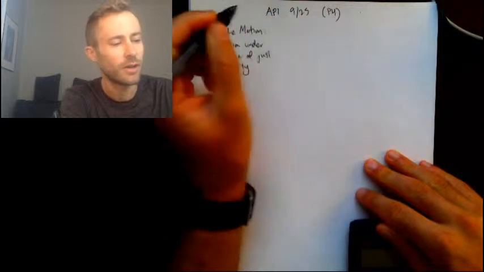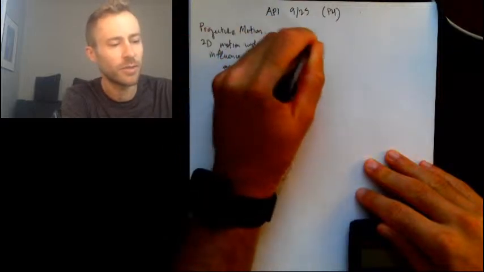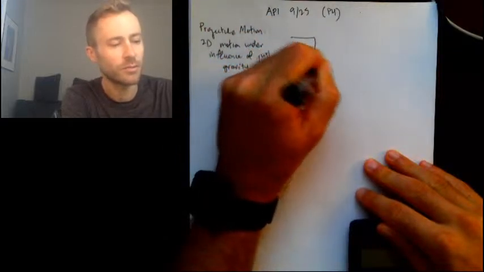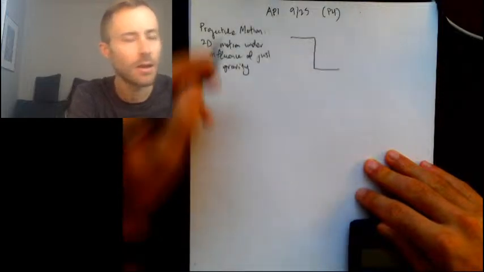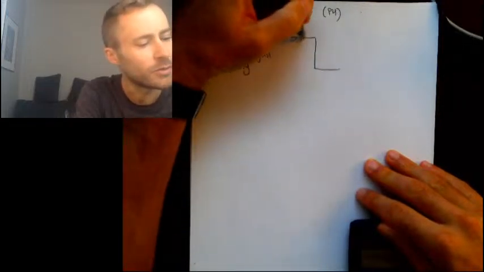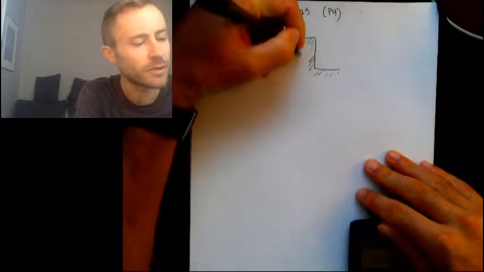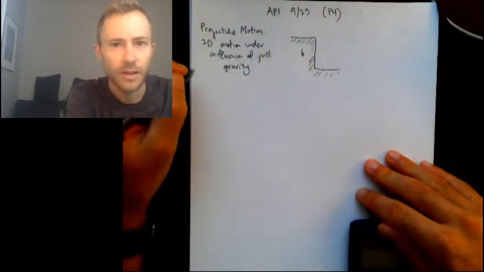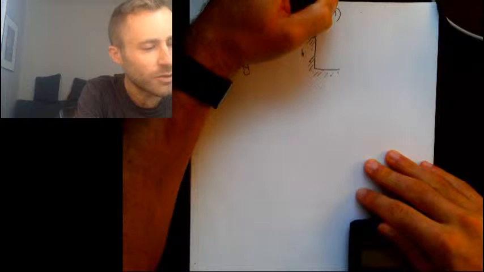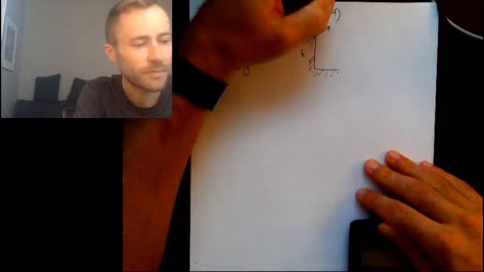So let me draw kind of a picture that might be something like a projectile motion problem. So we've got a cliff. Maybe the cliff has a height h, and maybe a projectile is launched off the cliff.